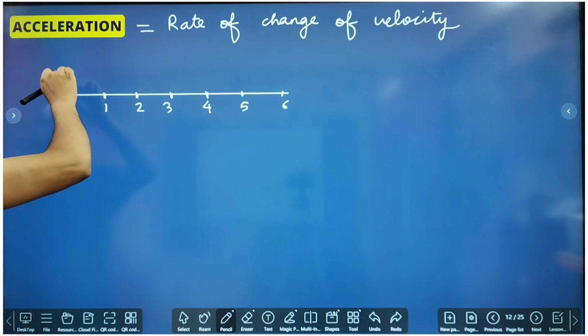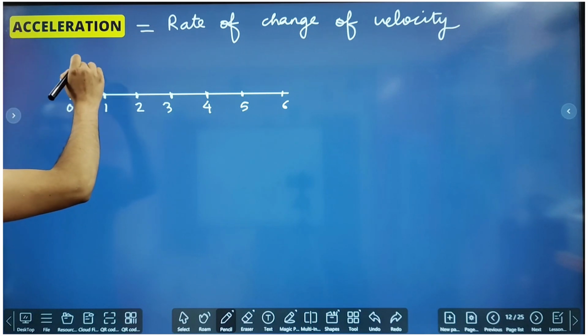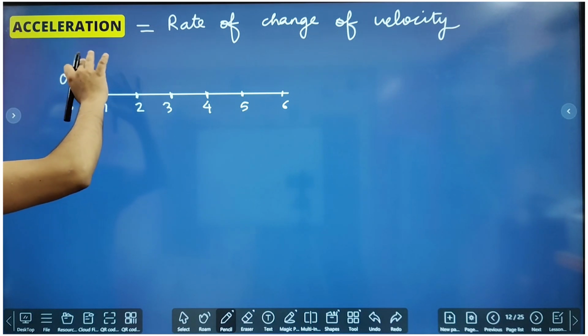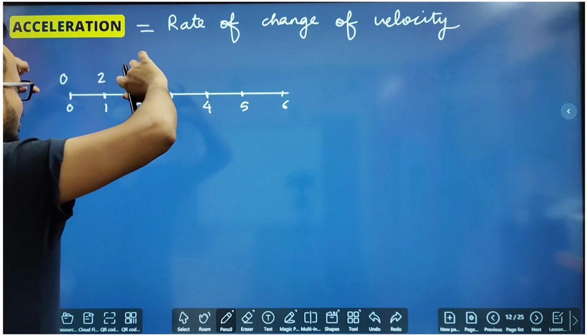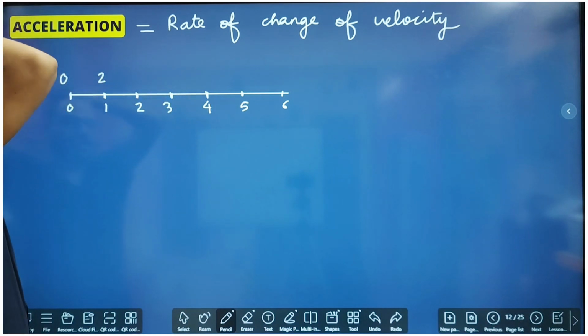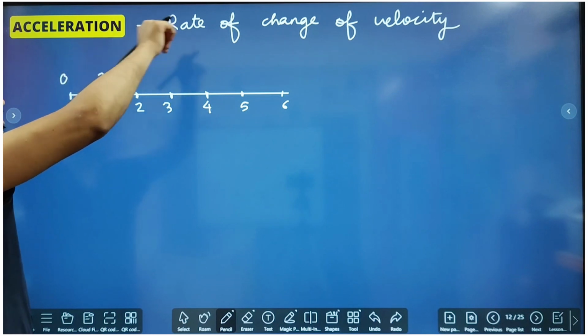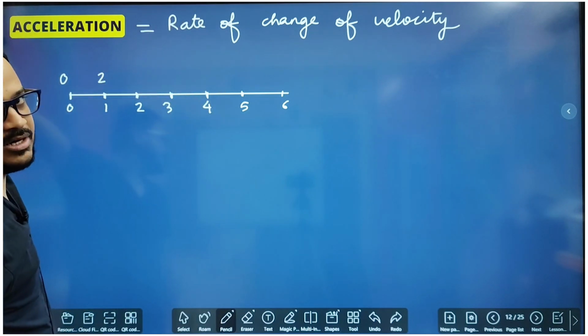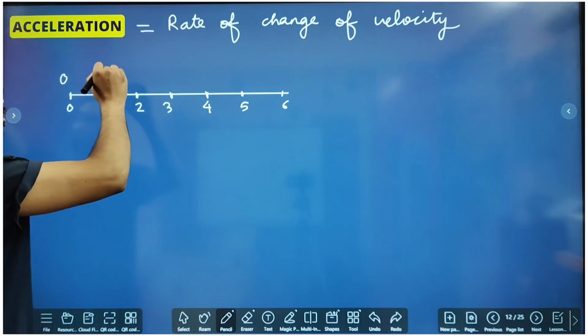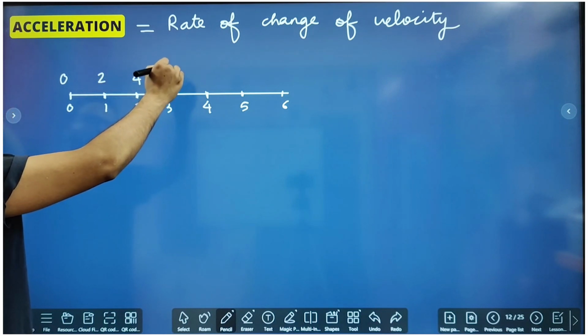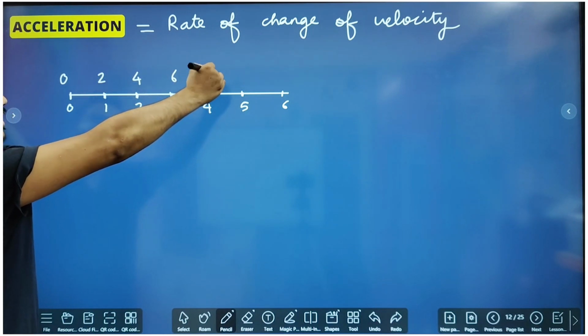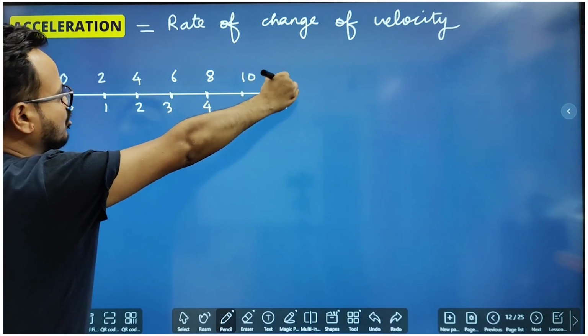Now let's say the speed of the body was 0 at this point and it was 2 meter per second at the next. I am not writing meter per second because it will take some time and space also, so I am just writing the numbers. You just assume that this speed is in meter per second. So 0, 2 and 4 and 6 and 8 and 10 and 12.